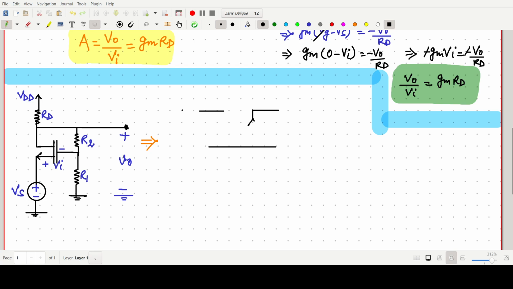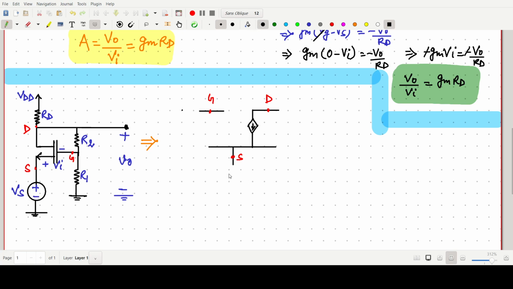Simply write like this, and this voltage is Vs. First, this end is our gate. Sorry, this one is our drain, this is the source, and this whole point is our gate terminal. Yes or no?